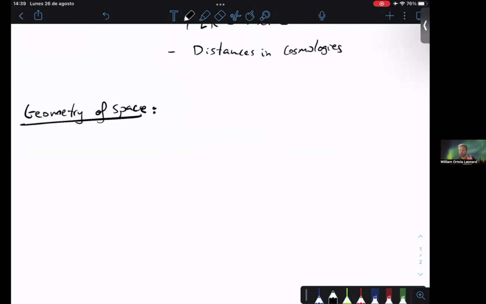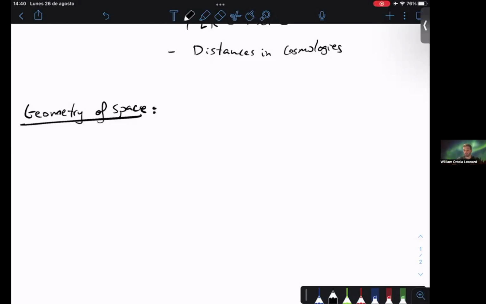The first one is what we call Euclidean geometry, and the second one is the non-Euclidean geometry. The Euclidean geometry represents a flat space. For example, imagine we have a piece of paper, and this paper is flat. So this will be a Euclidean geometry.